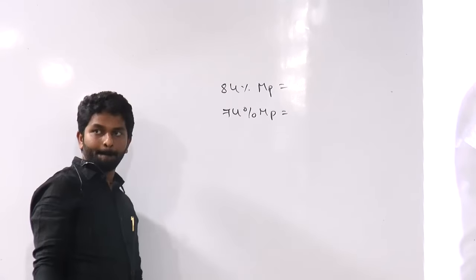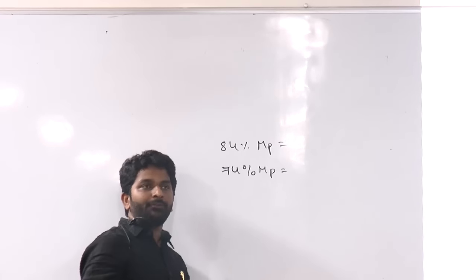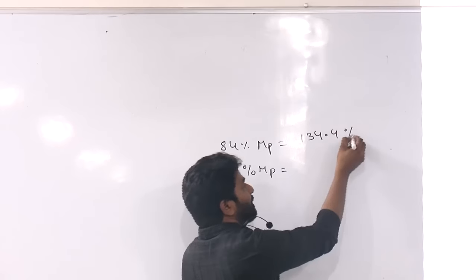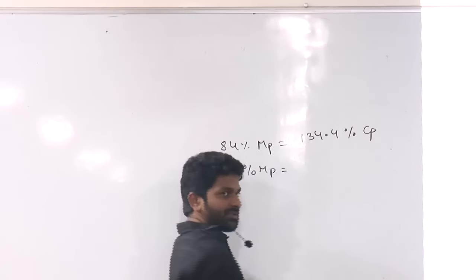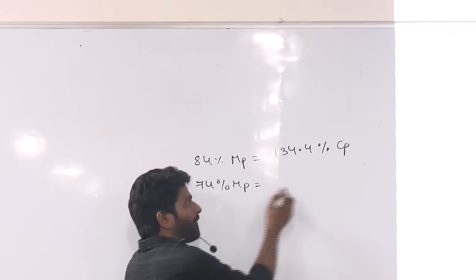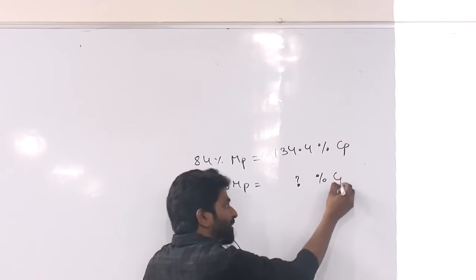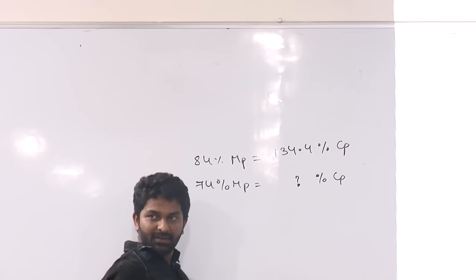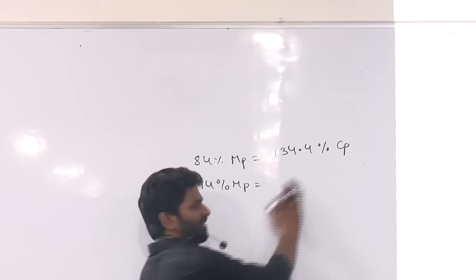And now, after giving 16% discount, he is getting a profit of 34.4%. 34.4% profit will be equal to 134.4% of cost price. And if you can calculate 74% of the market price in terms of cost price percentage, then you can calculate what percent of profit you will get. Yes or no? Right.